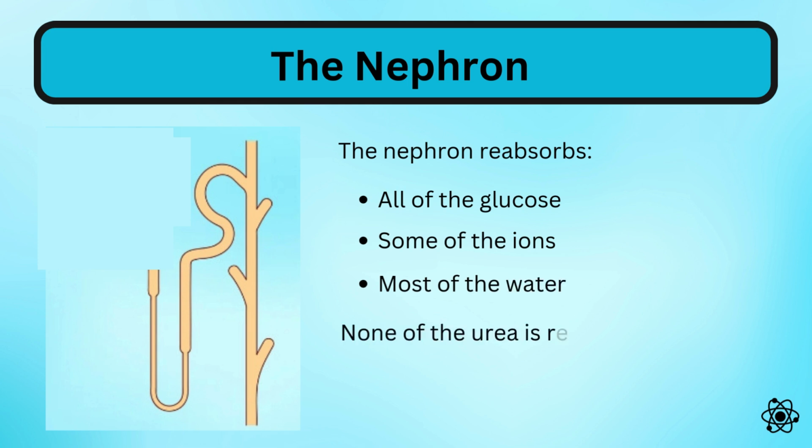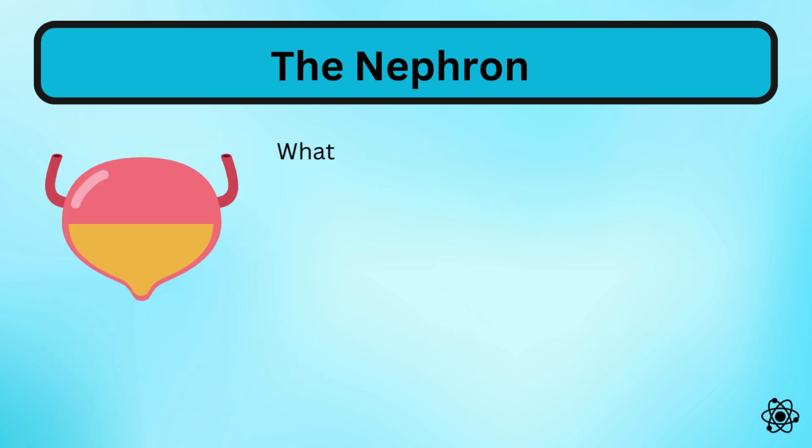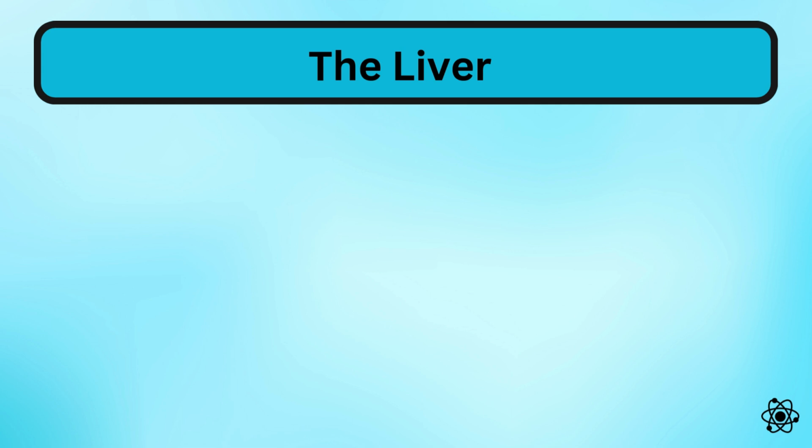None of the urea is reabsorbed. This process is known as selective reabsorption. Details of these processes are not required in the syllabus. What's left of the filtrate forms urine containing urea, excess water, and excess ions.